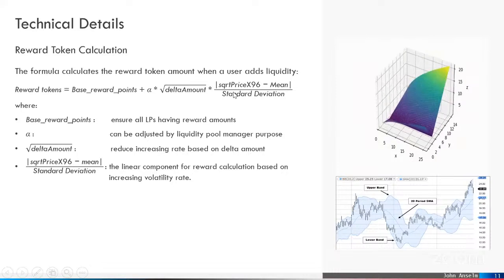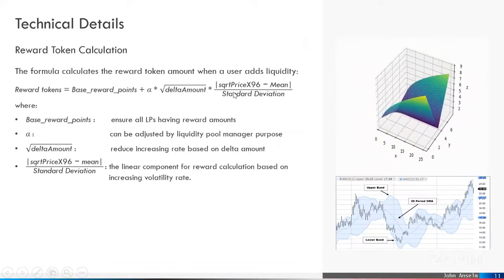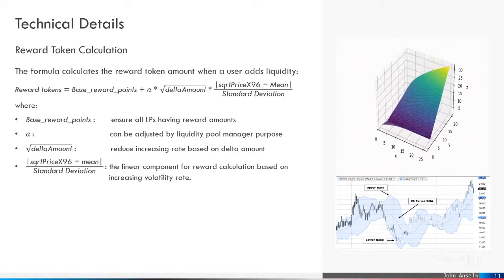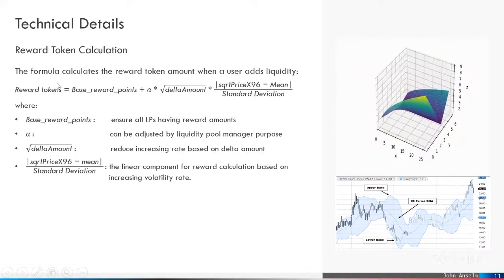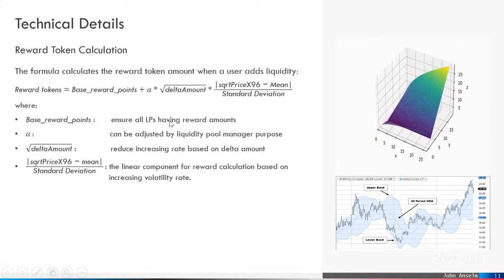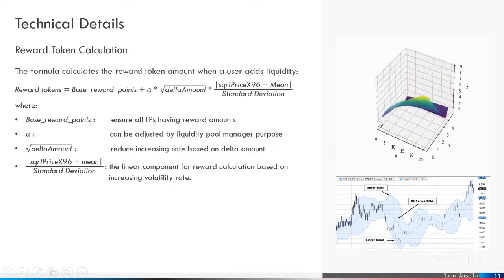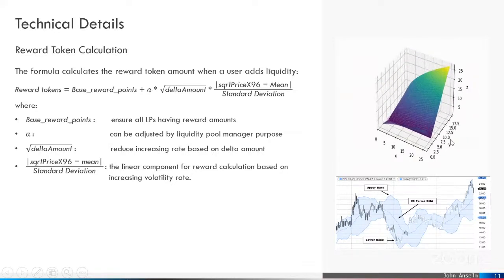And this is a linear component for reward calculation based on increasing volatility rate. Here you can see the picture on the right-hand side, and you can see the reward token is changing when volatility is changing.